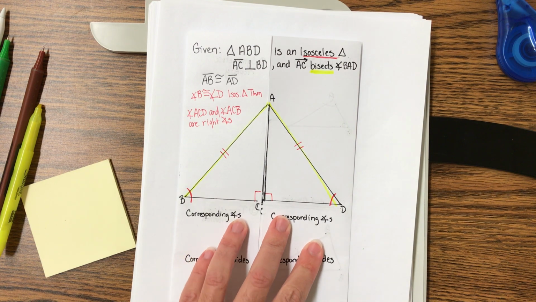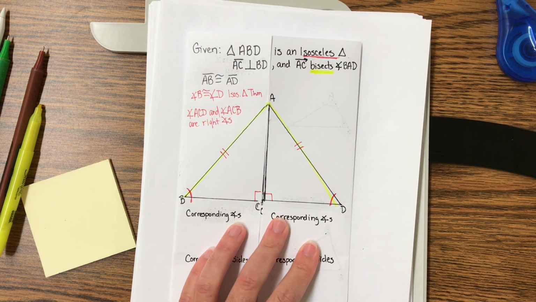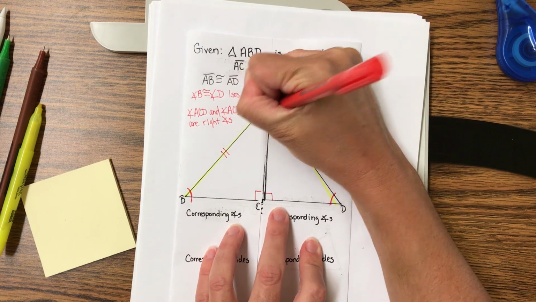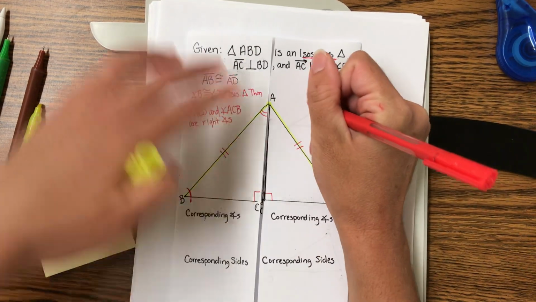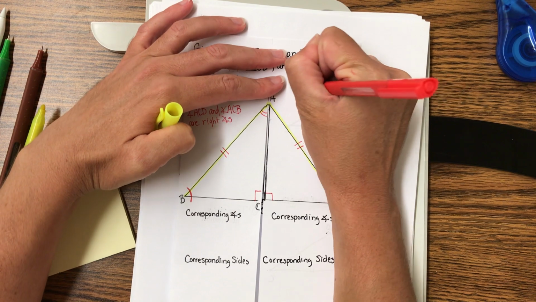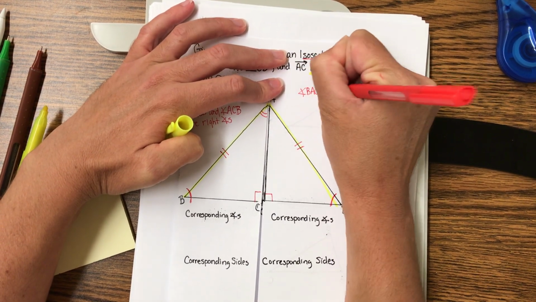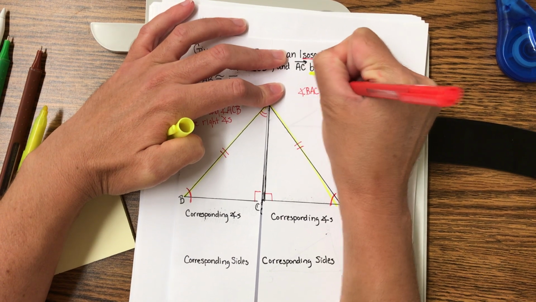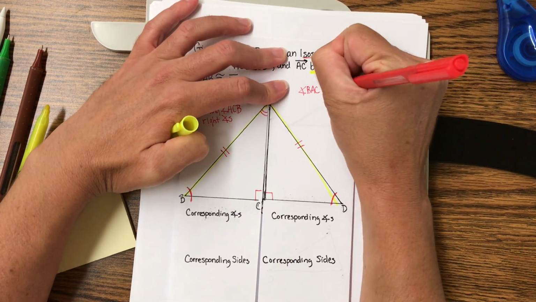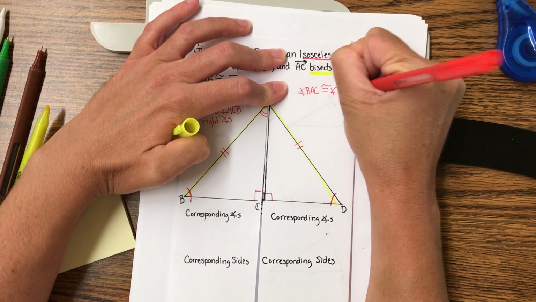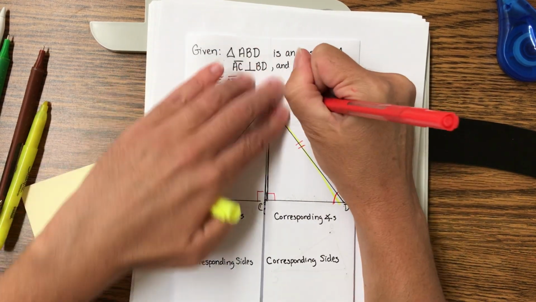As we talked about in the last lesson, if that angle is being cut in half, then we're going to have congruent angles. So with that being said, angle BAC is going to be congruent to angle DAC by the definition of bisect.